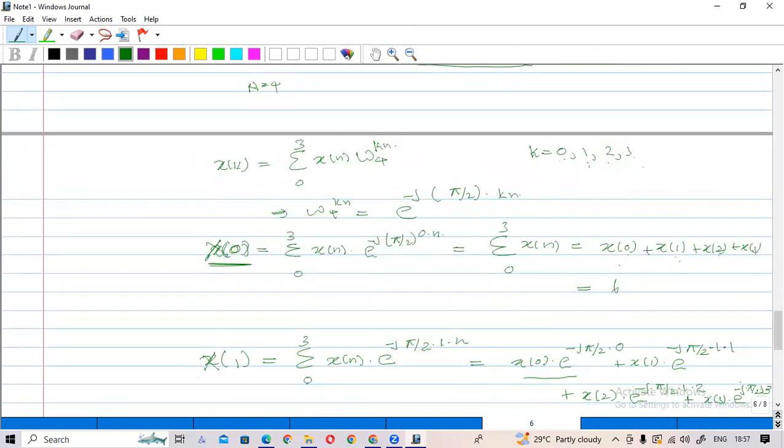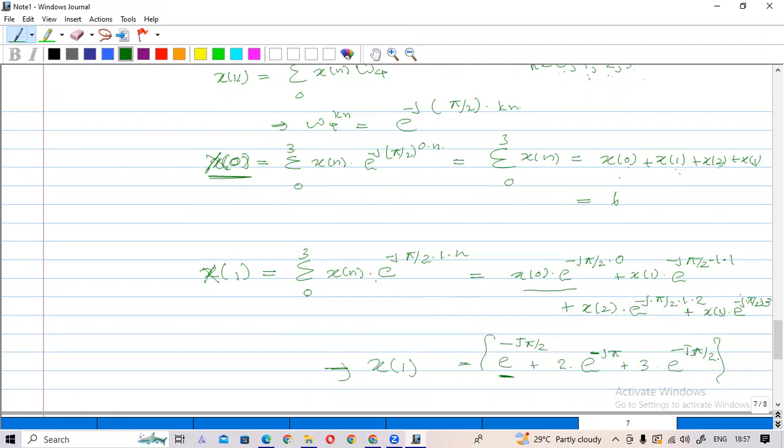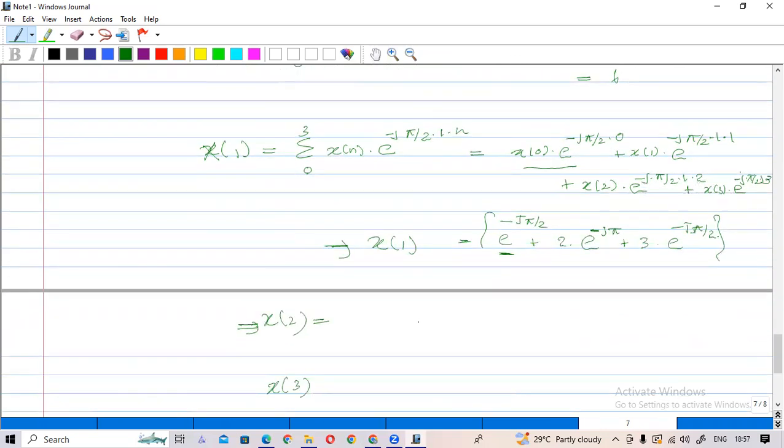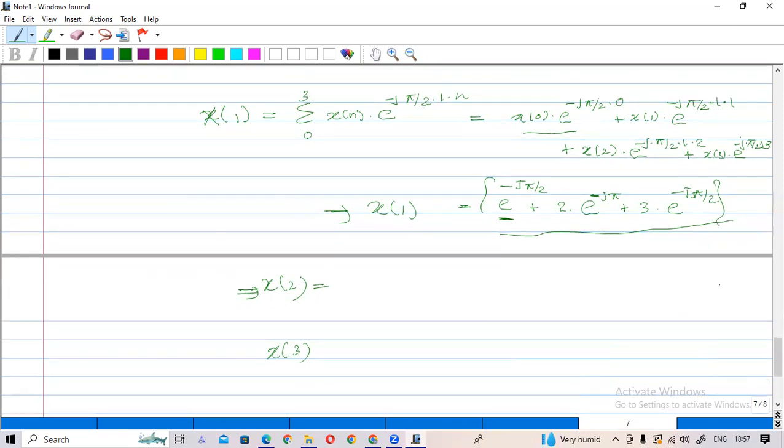So once you are writing these exponential terms, this value will be 2. In the same way you can find X2. Try to find this in exponential terms. You no need to simplify this. Try to find up to this, so try to find this X2.